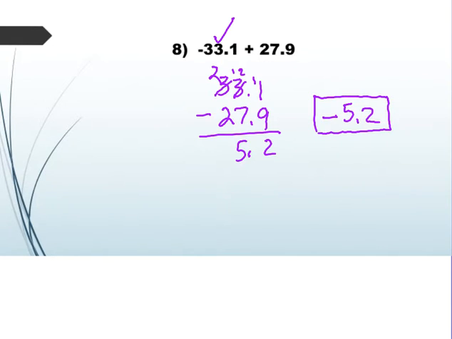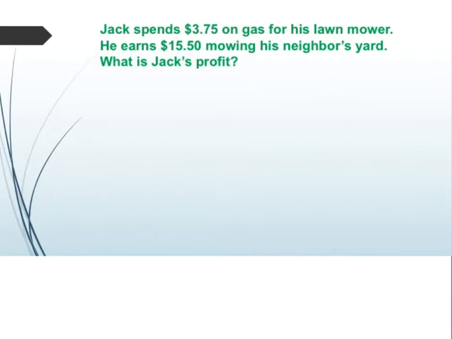The last two problems were word problems. You're going to be seeing more and more of these, so learn how to figure out what they're really trying to say. Jack spends $3.75 on gas. He spends some money. So the decimal I'm looking for is negative 3.75.